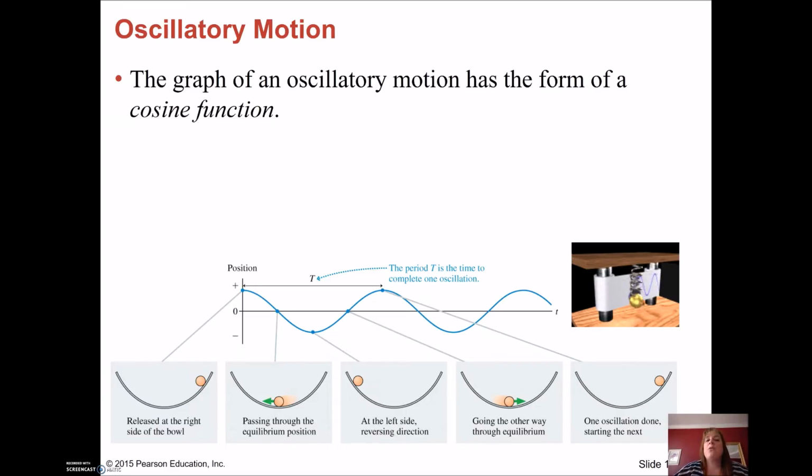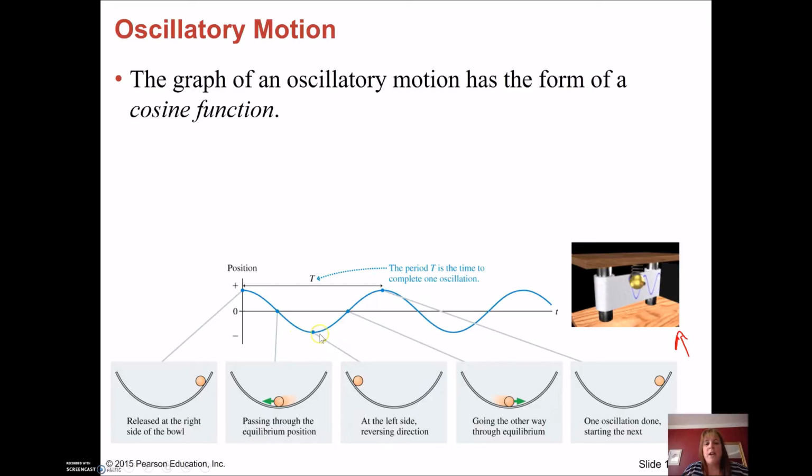Now, if we graph this oscillation, it is in the form of a cosine function. So you can see that in my little oscillating spring down here, but you can also see that in the marble. So if I release the marble from a height above its equilibrium position, right, I've displaced it some position from the equilibrium position, and then it tries to go back to its equilibrium position, which would be at the bottom of the bowl, but it has some speed, right?